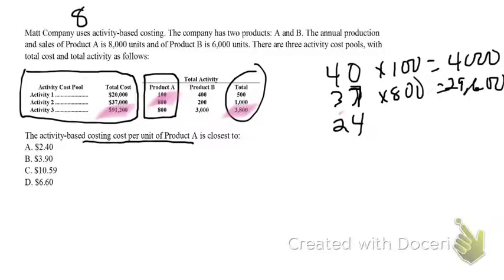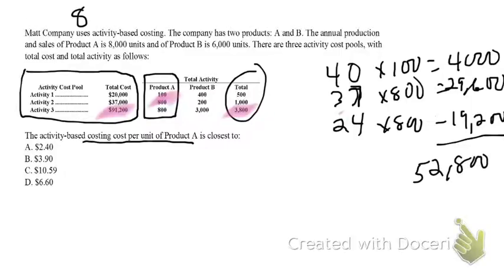Then I take the 24 and multiply that times 800, and that gives me 19,200. Those are the costs I'm allocating. I add all those up and get 52,800. Those are my total costs. Now I produced a total of 8,000 units, so to find my cost per unit, I take that 52,800 and divide it by 8,000, and I get $6.60.